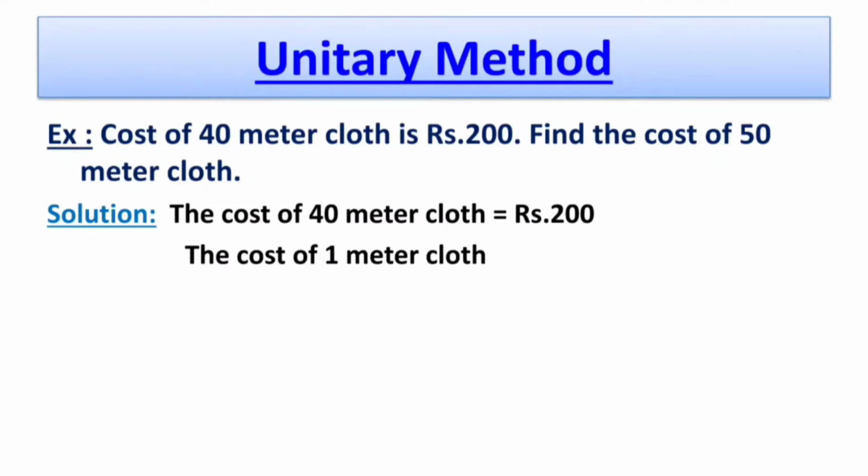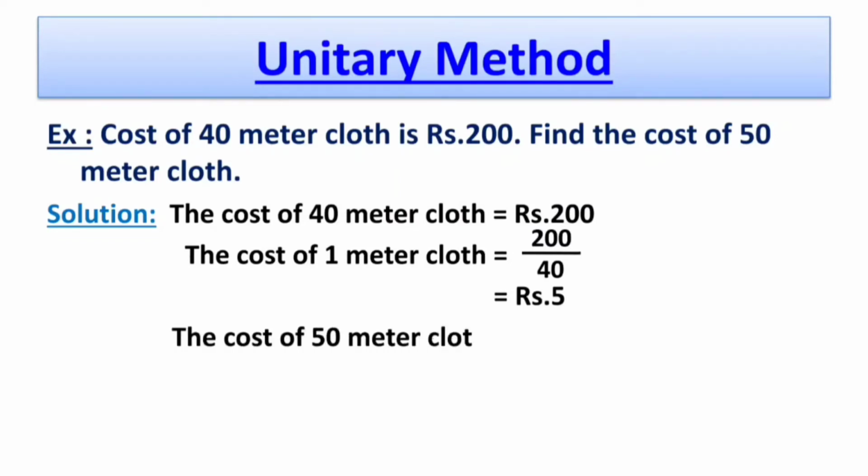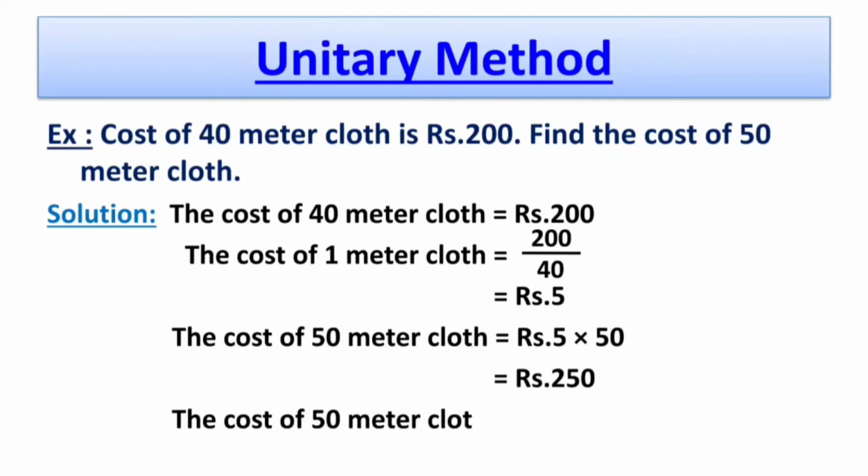Now, calculate the cost of 1 meter cloth, which is 200 divided by 40 equals 5 rupees. So the cost of 50 meter cloth equals 5 multiplied by 50, which gives 250 rupees.